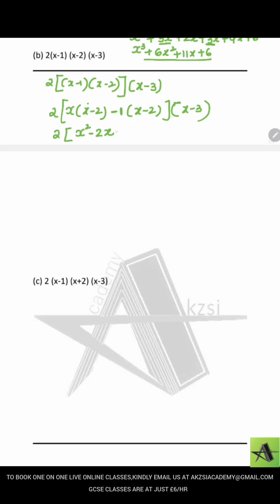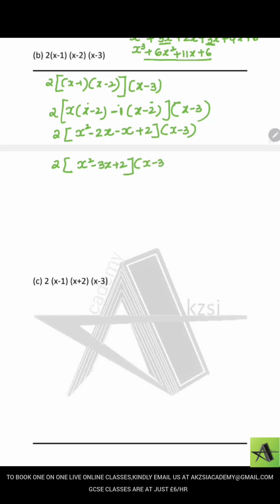Minus 1 times x is minus x. And minus 1 times minus 2 is plus 2. And this is x minus 3. 2 times x squared. Now minus 2x and minus x is minus 3x. Plus 2.